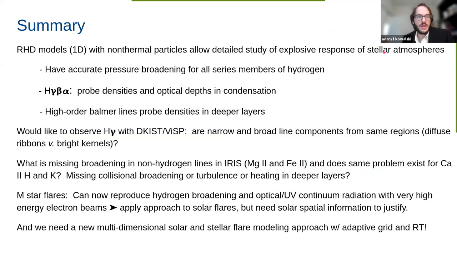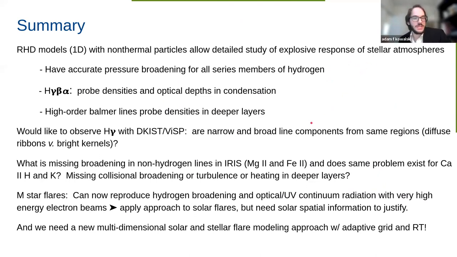So in summary, we have made some progress in 1D radiative hydrodynamic modeling and understanding the different sensitivity to the flare atmosphere for different hydrogen lines. The low order hydrogen lines, H alpha, are very optically thick and formed in the condensation entirely, whereas the high order Balmer lines are more optically thin, and you can see deeper into the atmosphere.